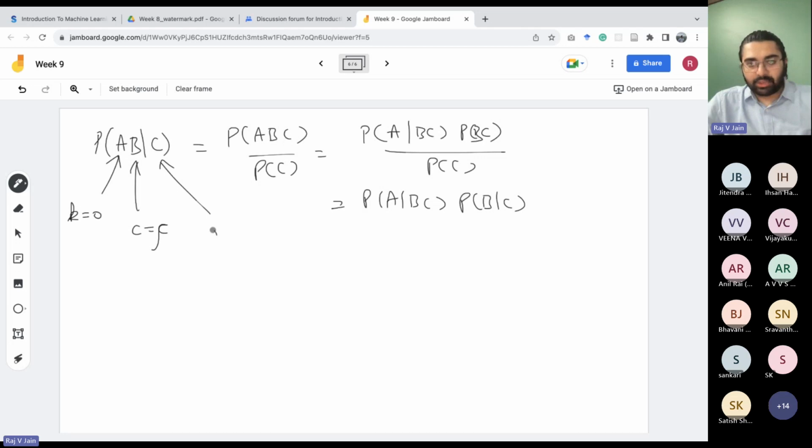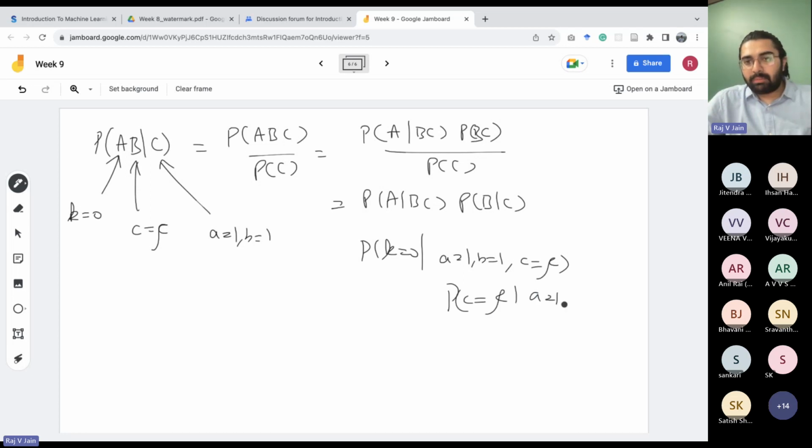Capital C is basically that joint, A equal to 1, B equal to 1, right? Now if I write this in this format, it will become probability of K equal to 0 given BC, that is the joint of these two: A equal to 1, B equal to 1, C equal to small c. Then this probability, that is B given C. So B is again C equal to small c given A equal to 1, B equal to 1.